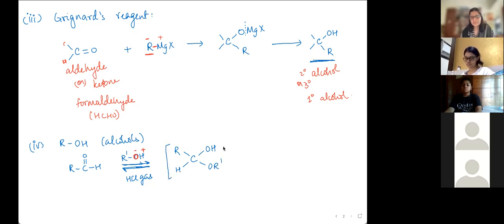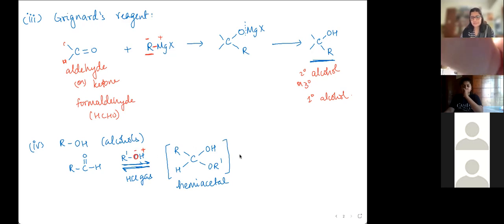So this particular configuration is called a hemiacetal. Yeah. So if you take it further, the next step of the reaction, you still have this reagent left in your beaker. Then what happens is, again, R dash OH, in the presence of H plus.